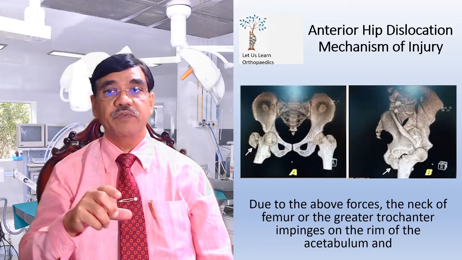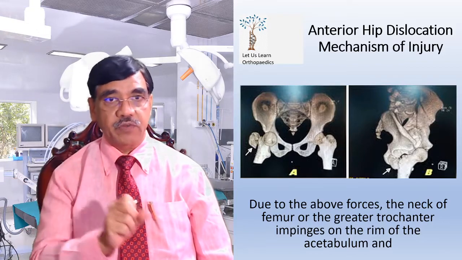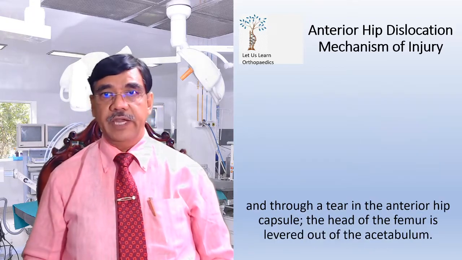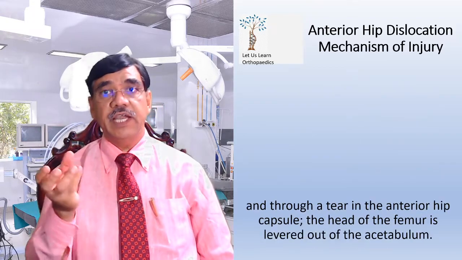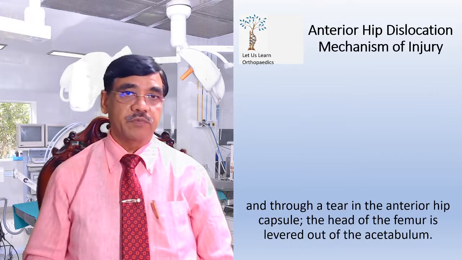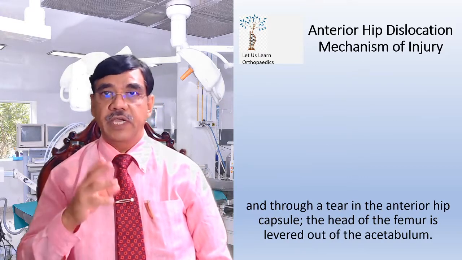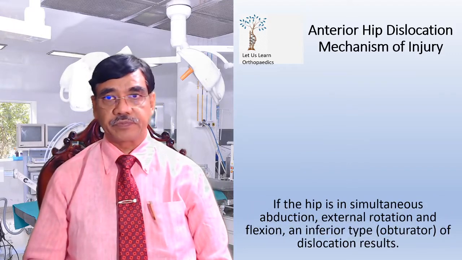The neck of the femur or the greater trochanter impinges on the rim of the acetabulum, and through a tear in the anterior hip capsule, the head of the femur is levered out of the acetabulum, and that is how the anterior hip dislocation occurs.